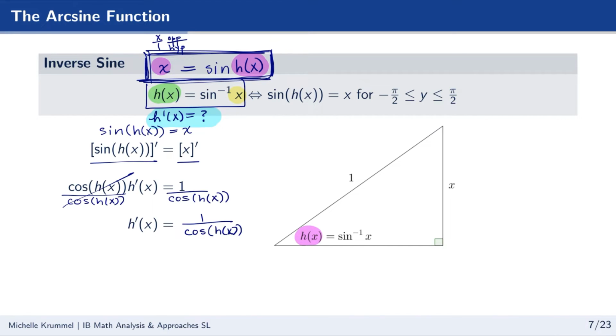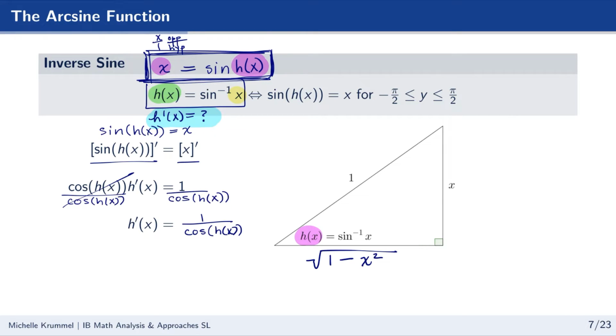So the Pythagorean theorem tells us that the hypotenuse squared is equal to the sum of the lengths of the legs squared. And so the leg is equal to the square root of hypotenuse squared minus the other leg squared, like so. That's the third side of that triangle.